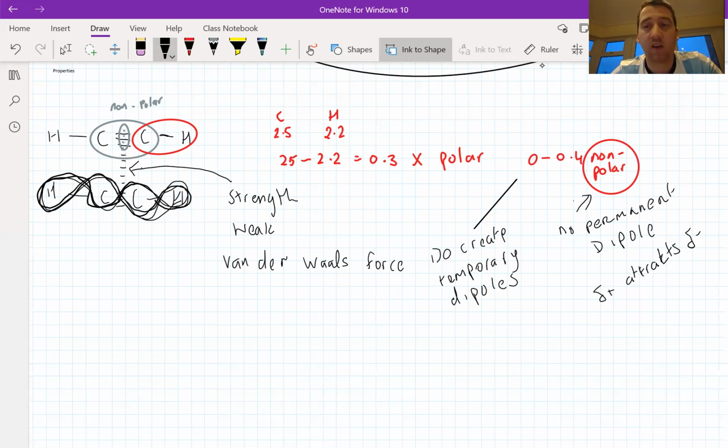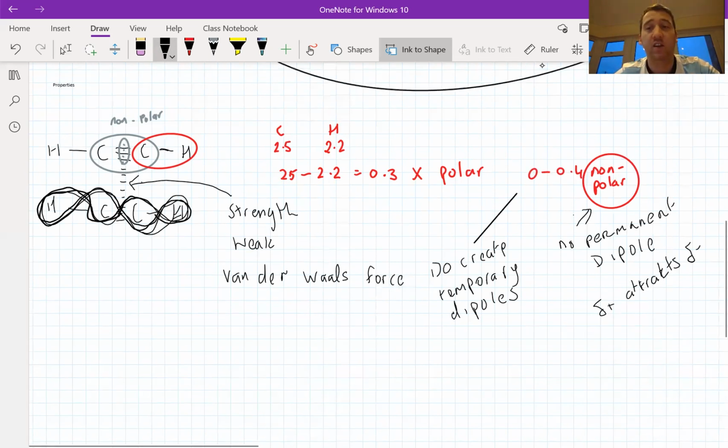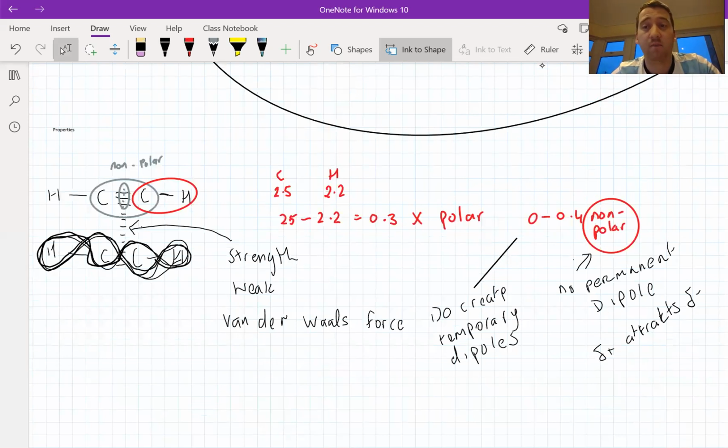They are very weak, and they mean that any substance that has these types of forces is going to have low melting and low boiling points, because it really doesn't take much energy to separate these types of molecules and allow them to turn into vapors and overcome the forces of attraction.